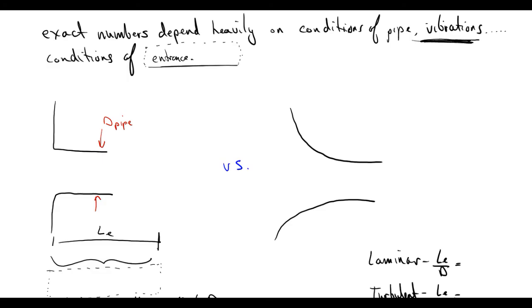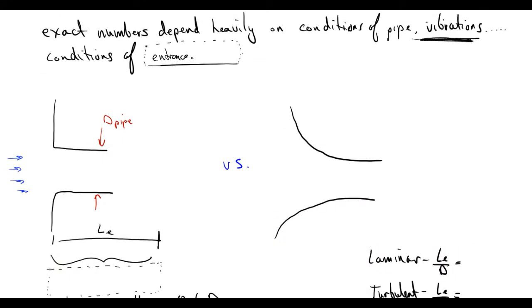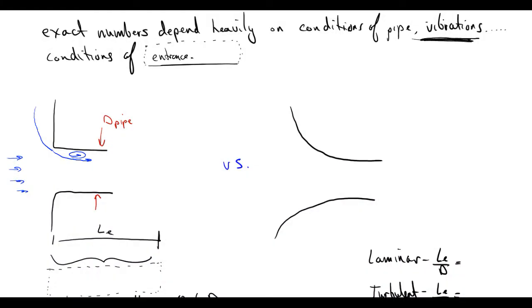Since fluids can't take a corner very well, if we make a rounded corner, we can get very nice, easy entrances here, and we can have a very small entrance length, because our flow is just naturally eased into the direction it needs to go.